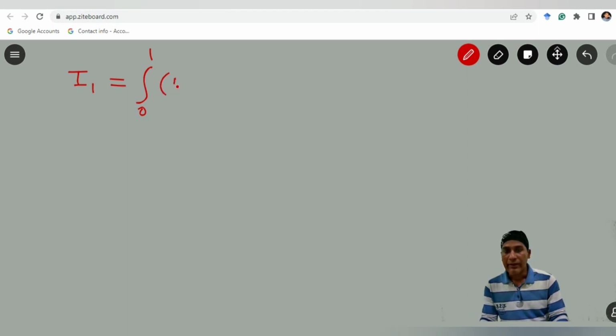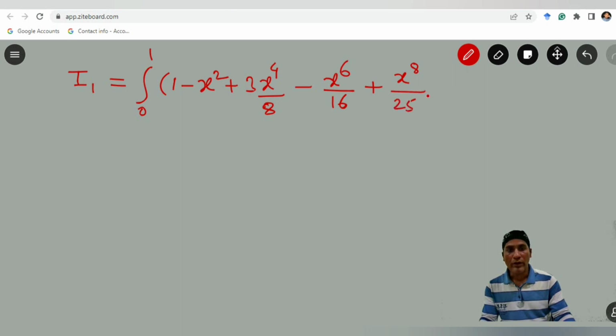They are 1 minus x square plus 3x power 4 over 8 minus x power 6 over 16 plus x power 8 over 256 dx. Now these terms are algebraic and they can be easily integrated.